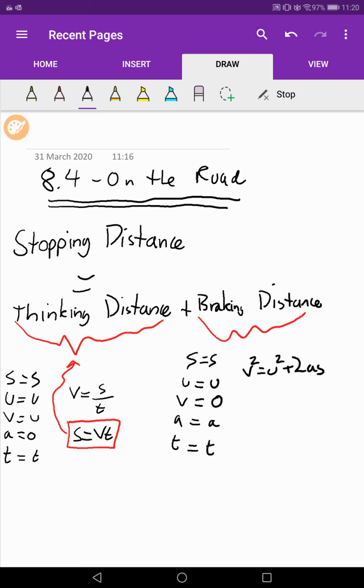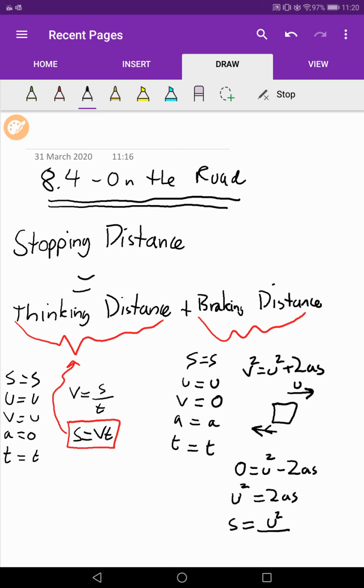Now don't forget, if we've got our car and it's going that way at speed U, and our acceleration is going to be that way. So our equation can be V is 0, so 0 equals U squared, because our acceleration is opposite, that's going to be minus 2AS. So then our U squared would equal 2AS. So our S equals U squared over 2A.